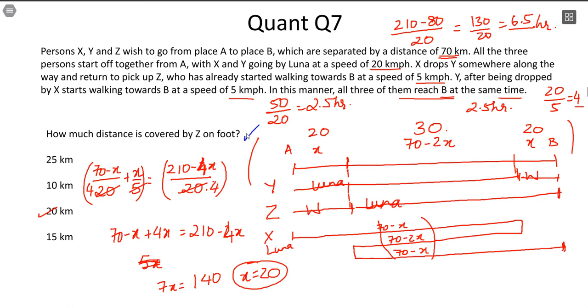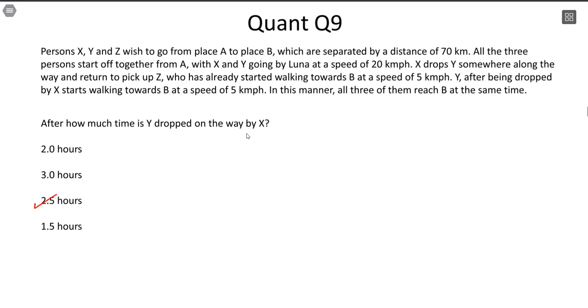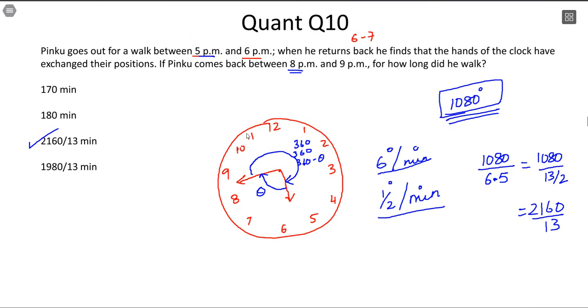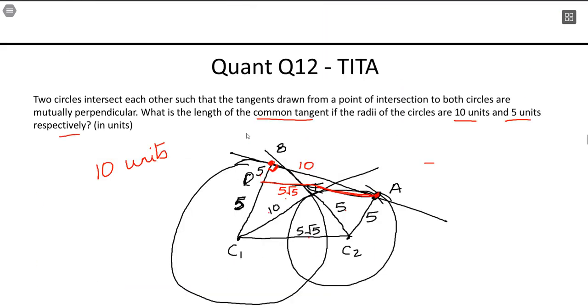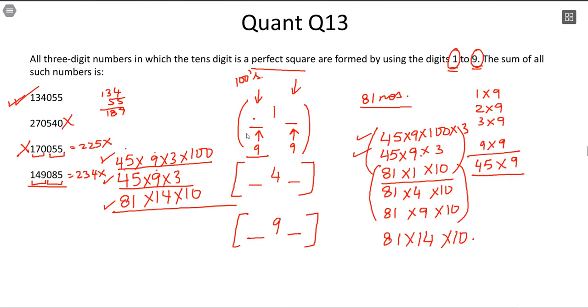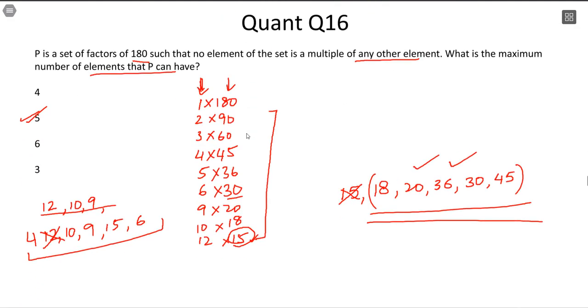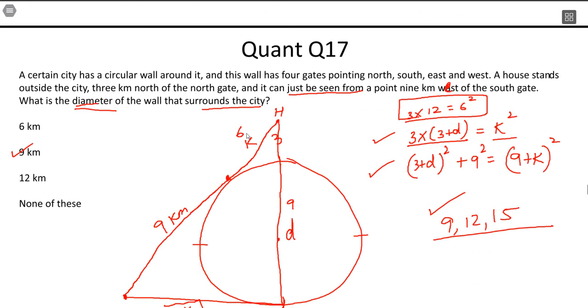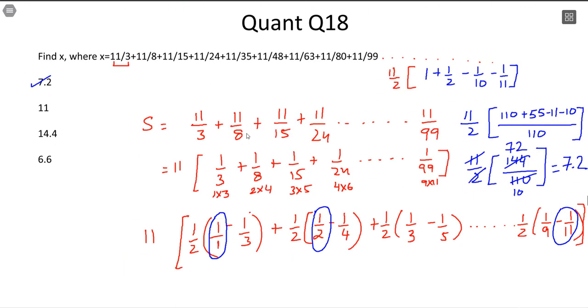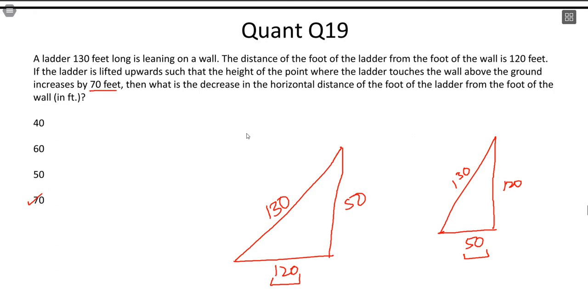So something like this was a deliberate inclusion, this not so much. This was a deliberate inclusion, but still this is something that you are familiar with, especially with NMAT and SNAP coming up. These questions I'm sure you're doing terribly often.